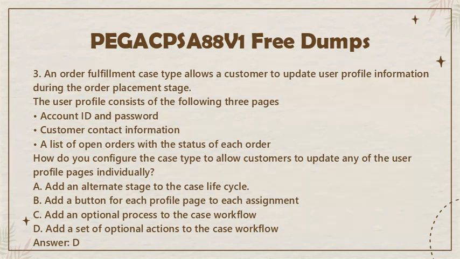How do you configure the case type to allow customers to update any of the user profile pages individually? A. Add an alternate stage to the case lifecycle. B. Add a button for each profile page to each assignment. C. Add an optional process to the case workflow. D. Add a set of optional actions to the case workflow. Answer. D.